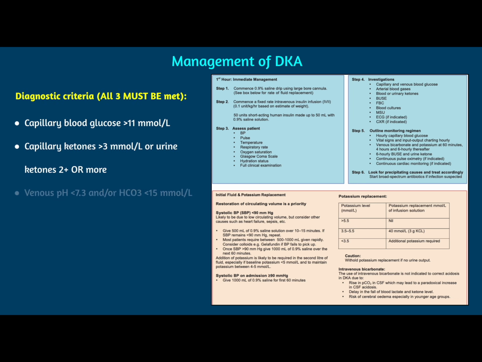For the diagnosis of diabetic ketoacidosis, there has to be all 3 of the following criteria being met, which include capillary blood glucose of more than 11 millimoles per liter, capillary ketones of more than 3 millimoles per liter or urine ketones 2 plus or more, and venous pH of less than 7.3 and or bicarbonate levels less than 15 millimoles per liter.